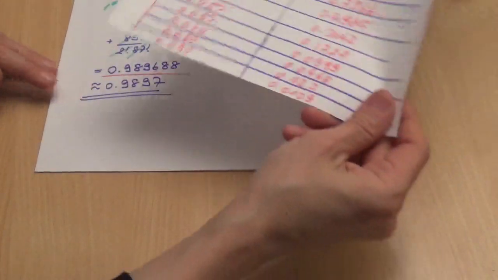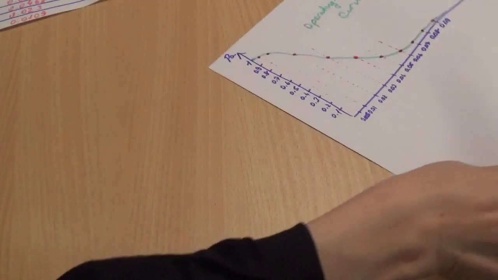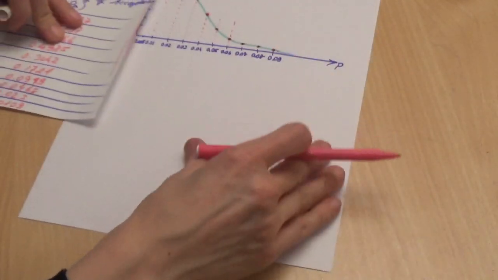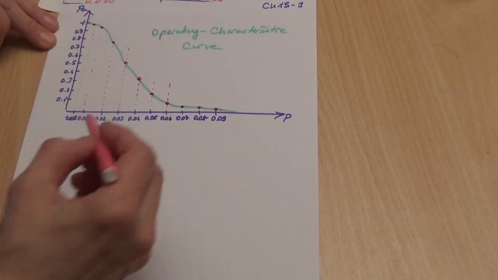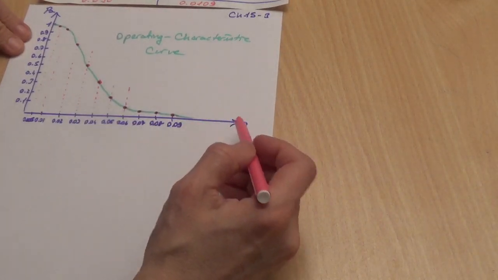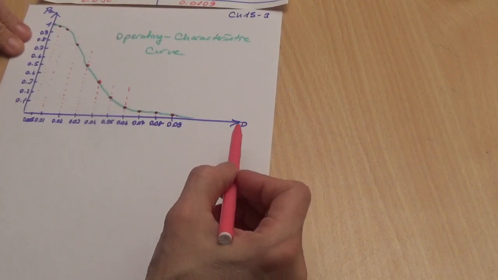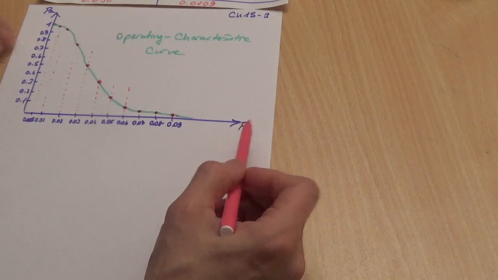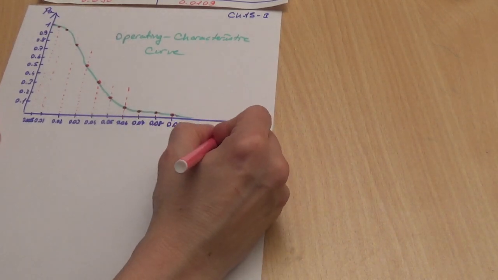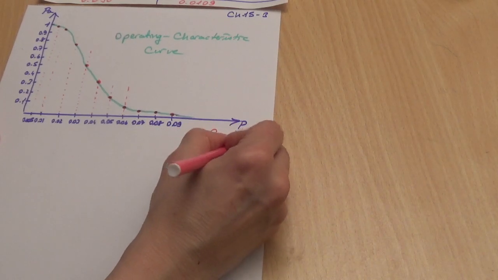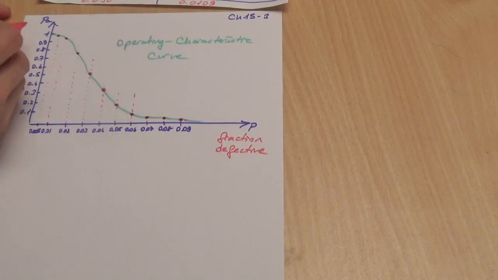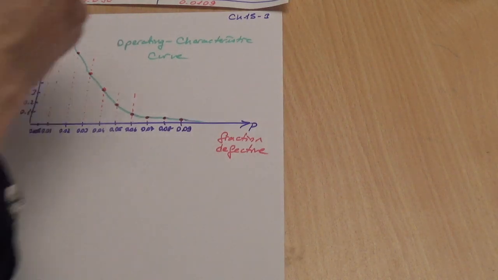And then we draw the operating characteristic curve, which has PA on the y-axis and P on the x-axis. P is fraction defective, and PA is probability of acceptance.